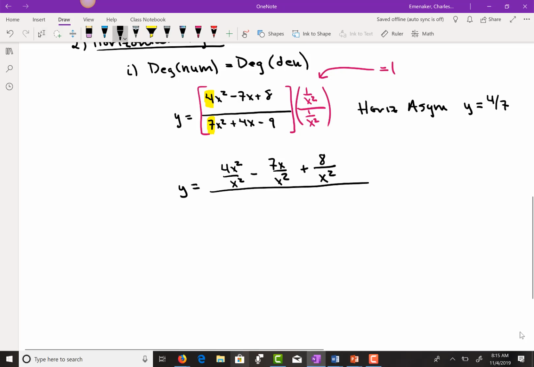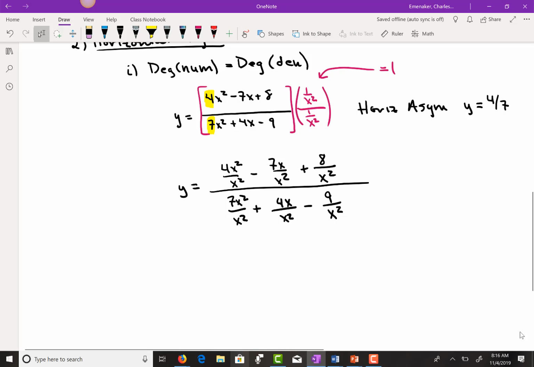In the denominator, you're going to have 7x squared over x squared plus 4x over x squared minus 9 over x squared. Okay, well that's all well and good, Chuck, but what on earth is that going to do other than give us 6 fractions where we once had 1?